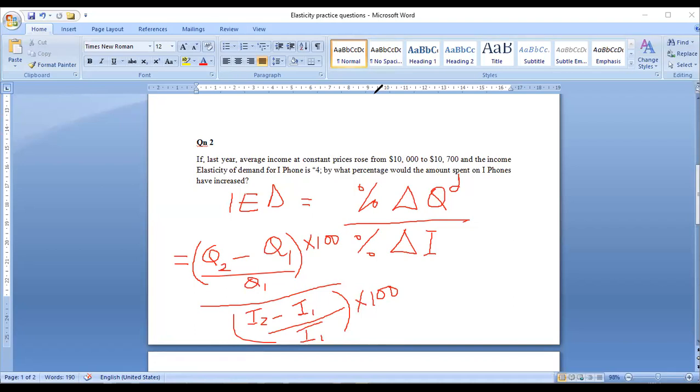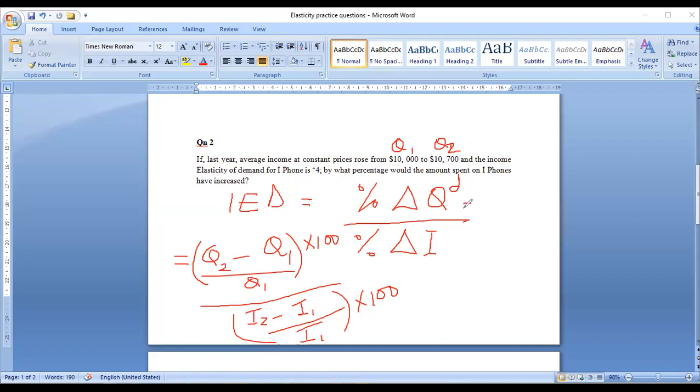Q2 is $10,700, and Q1 is 10,000. Then we divide by Q1, times 100.